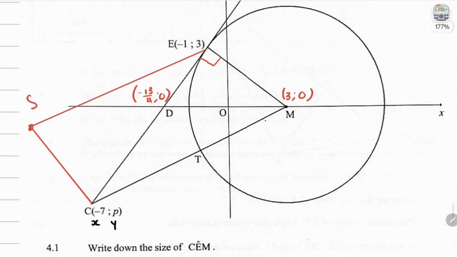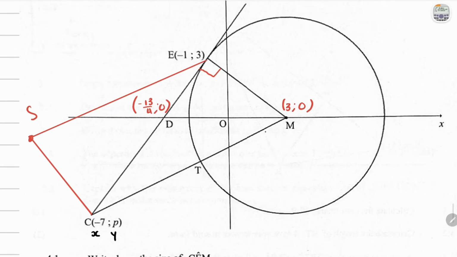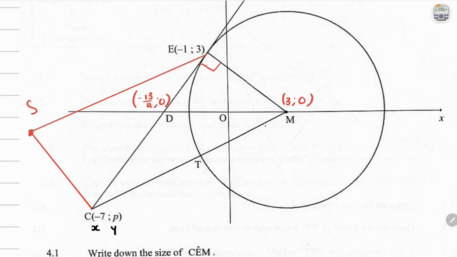How do we prove that this is a parallelogram, given that S is somewhere there? To prove that a quad is a parallelogram, there are various ways, but you should always look for the way that best suits the shape that you have.